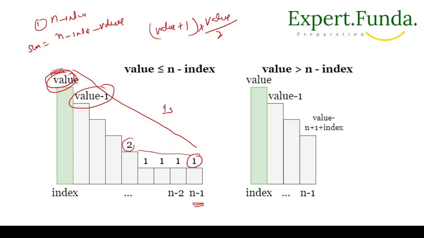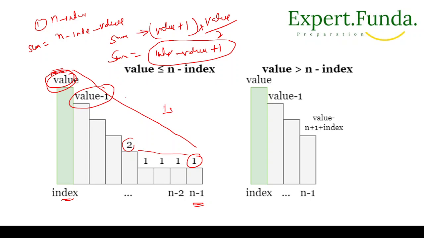If we do the sum of the length, this will become: we have taken index, then we'll take n minus value plus 1. This is the sum of the sequence, and this was the sum of the arithmetic sequence.